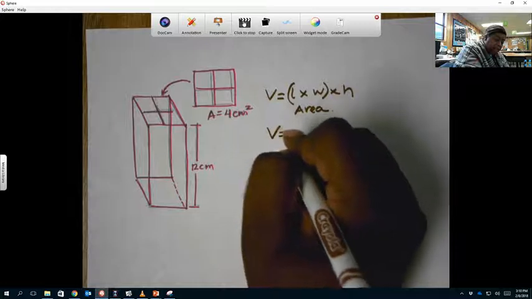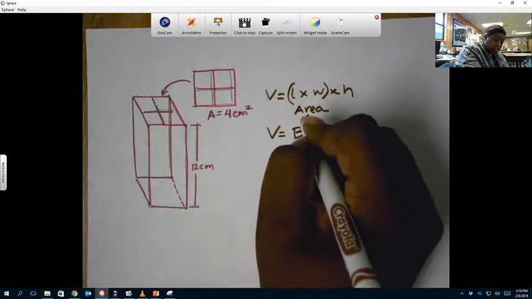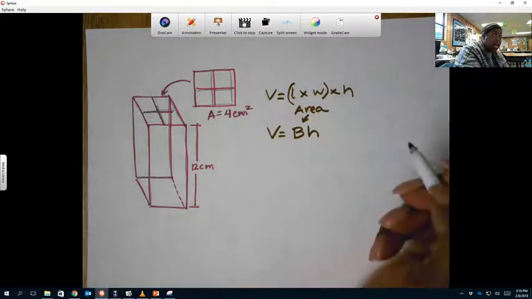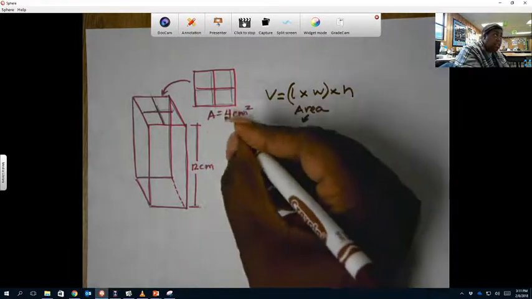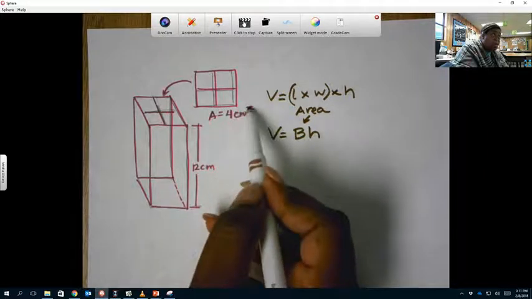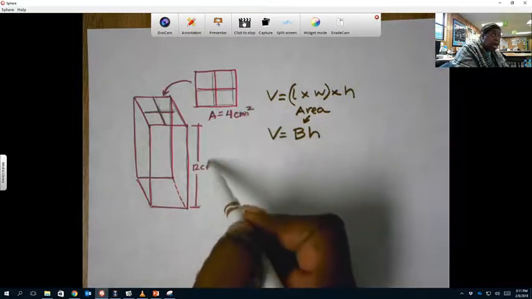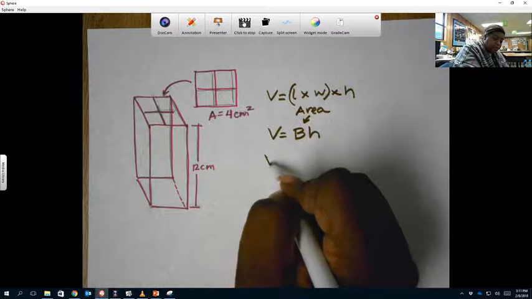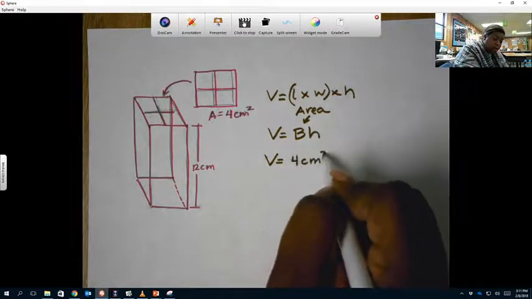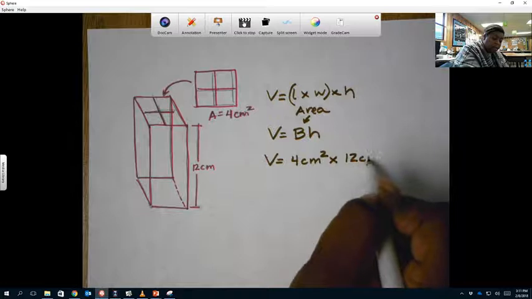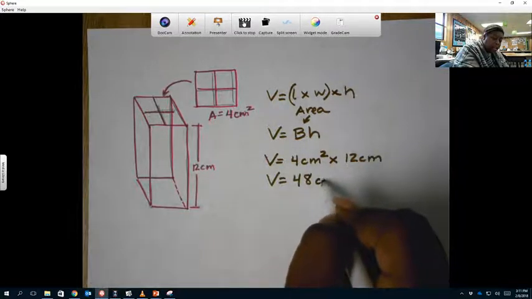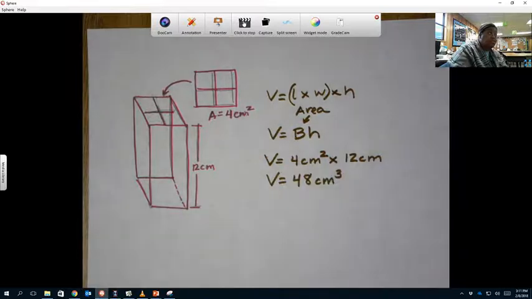That formula is base, which is another name for area of a face, times height, or times h. So in this instance, I know the area of this top face is 4 centimeters squared, and I know the height is 12 centimeters. So if I was to do a multiplication sentence, it would be 4 centimeters squared times 12 centimeters, and my volume would be 48 cubic centimeters.